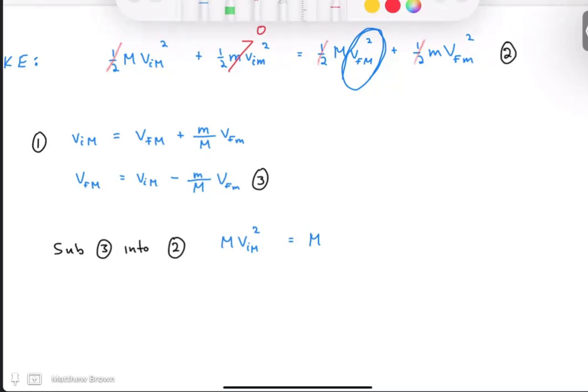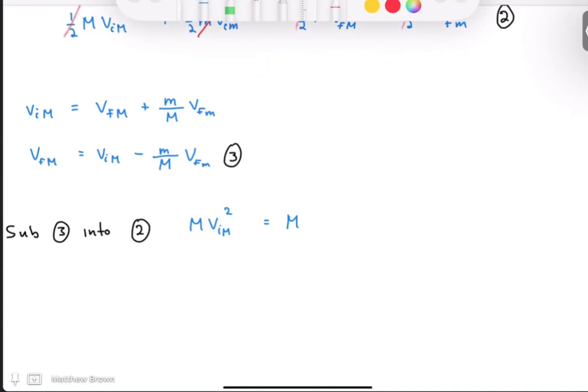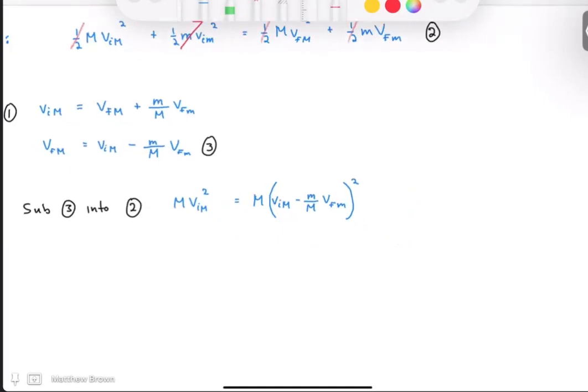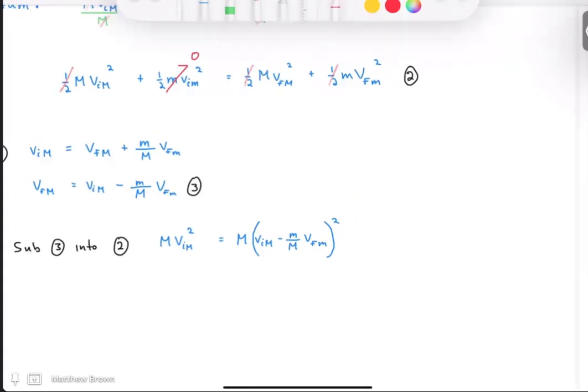So I can take that and substitute: big M times V initial of big M minus little m over big M, V final of little m, squared, and then that's where I left off, so then I just have the last term plus little m V final of little m squared.